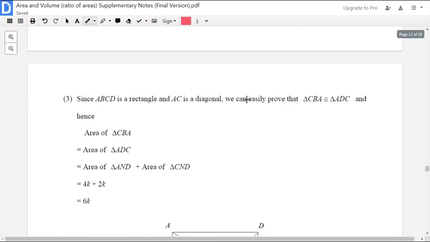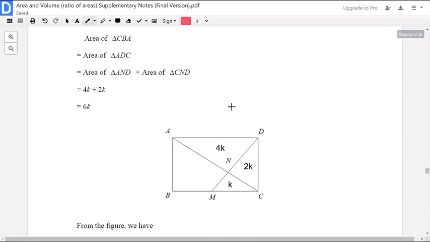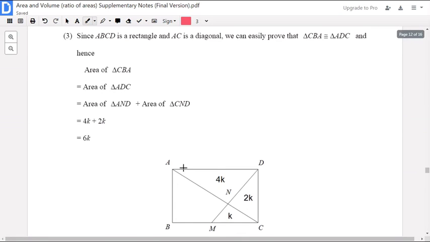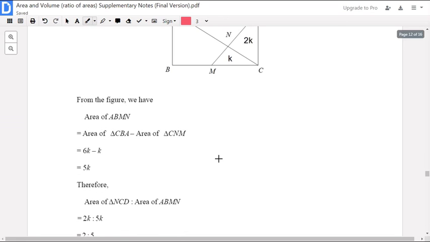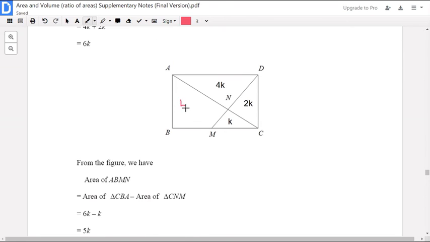Now, look at the figure here. Altogether, ADC will be 6K. This is K. So, this remaining part must be 5K, right?